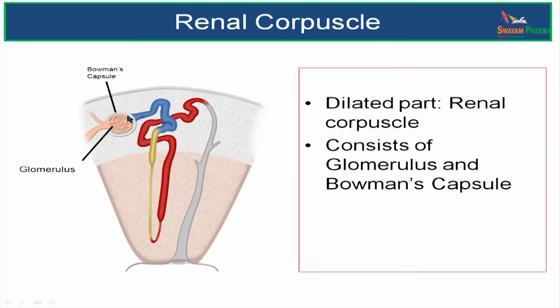The renal corpuscle has again two parts. It has got glomerulus, which is a tuft of capillaries, and outermost is the Bowman's capsule. So, renal corpuscle consists of a Bowman's capsule and a glomerulus, which is nothing but tuft of capillaries.